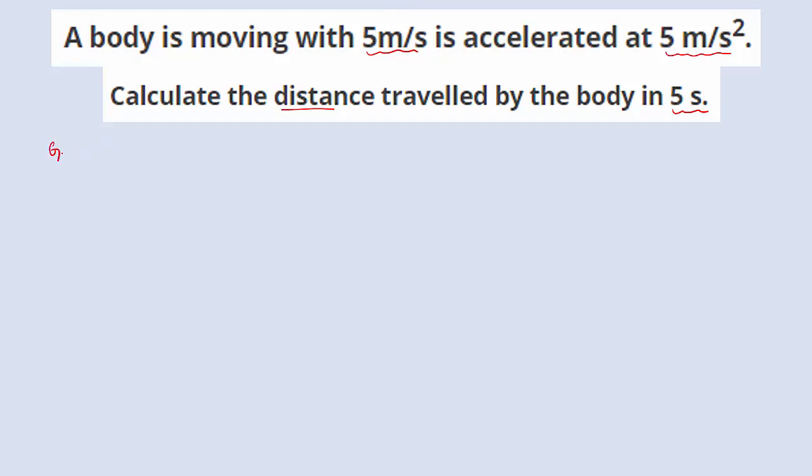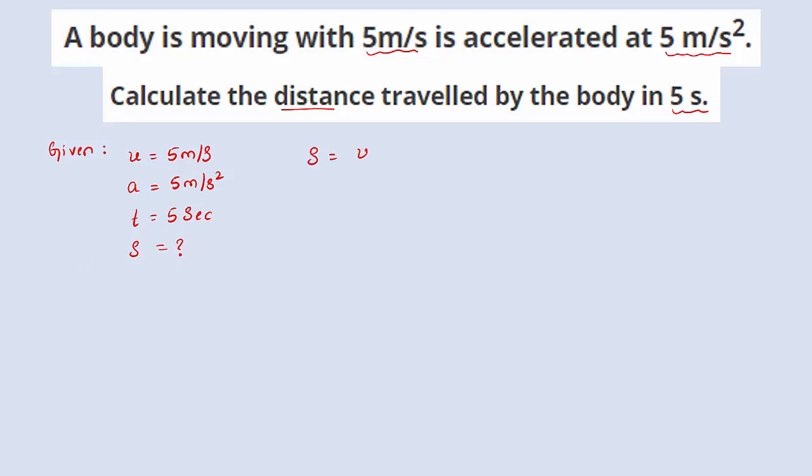So let us write the givens: u equals 5 meter per second, acceleration is 5 meter per second square, time is 5 seconds. We want the distance travelled by the body. Initial velocity, acceleration and time, everything is 5 here.